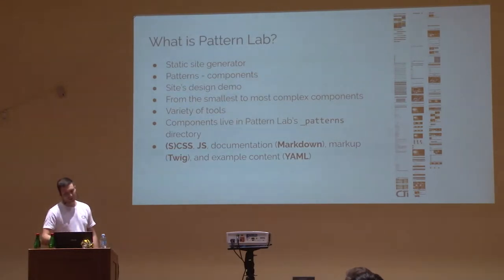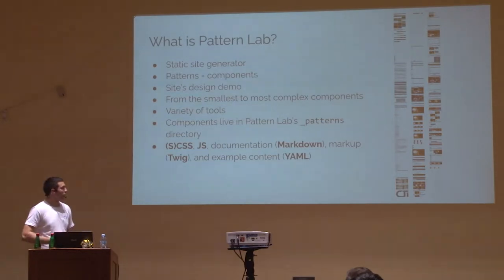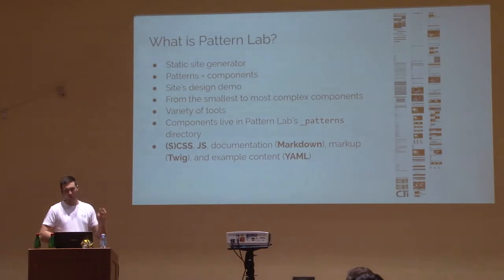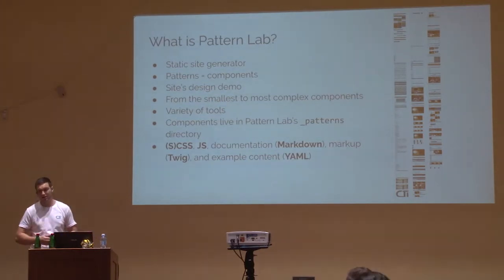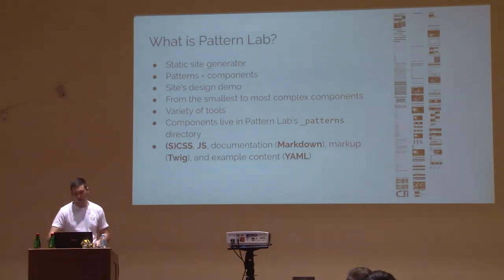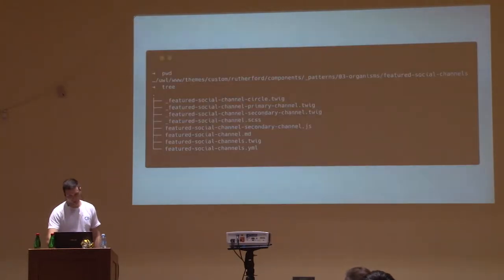An advantage of this approach is that we don't spread code across the whole project. We have one directory per component. It's easy to find or share components between projects. And of course, it's much easier to delete things without leaving code behind.